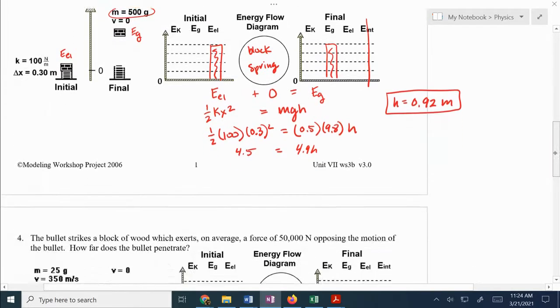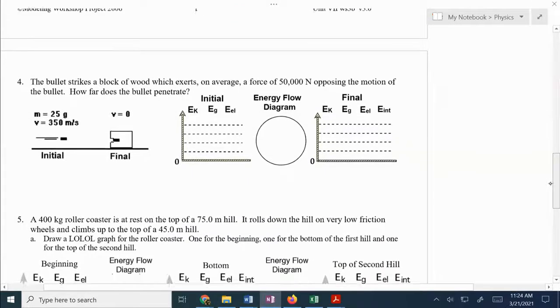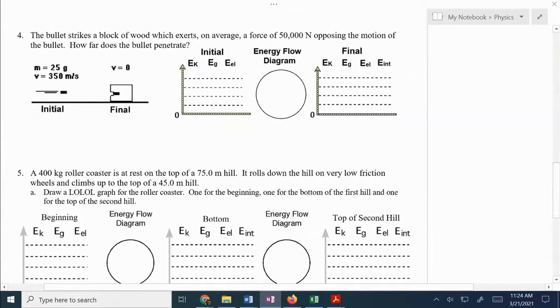Okay, cool. Moving on to the next one. So we got our bullet. Let's catch that mass right before we get too far here. So the m is equal to 0.025 kilograms. Got to change that into kilograms. We're going to start out with kinetic energy because it's moving fast there.